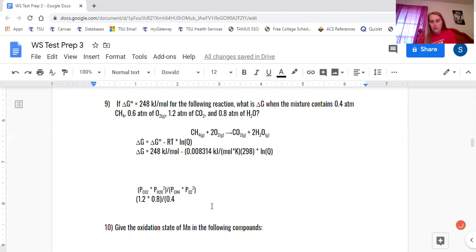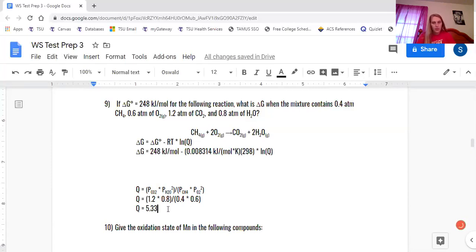And that's going to be times our O2, which is 0.6. This is what Q equals. So when you solve for Q here, you end up coming with 5.33.